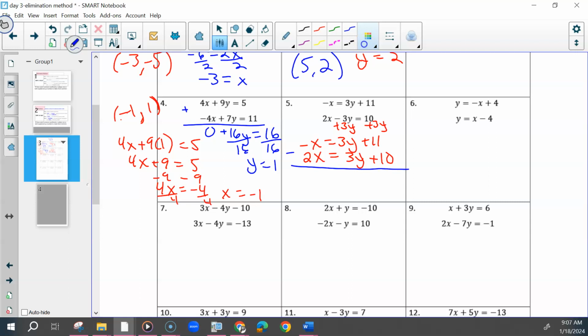So negative x minus 2x would be negative 3x. 3y minus 3y would be 0. And 11 minus 10 would be 1. So when we solve this, we're going to get a fraction. Sometimes that happens. Sometimes that can happen by mistake. So double check your answers.